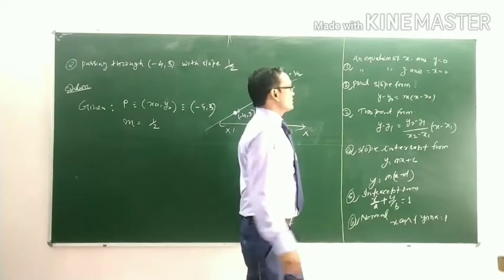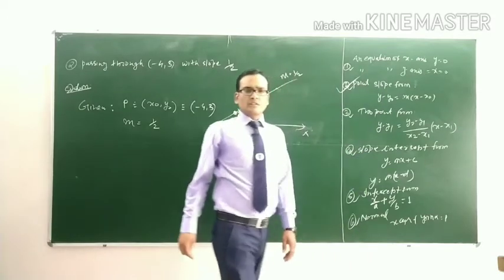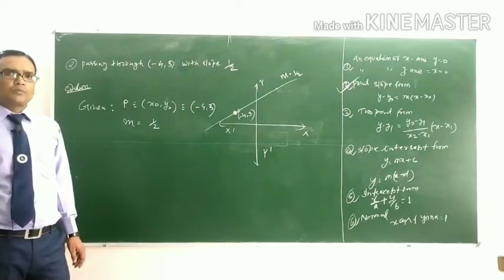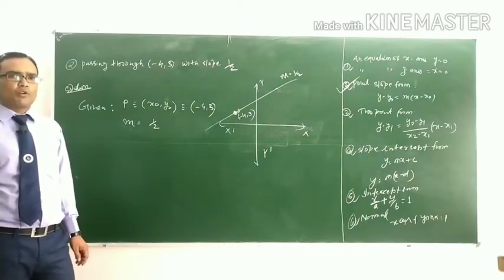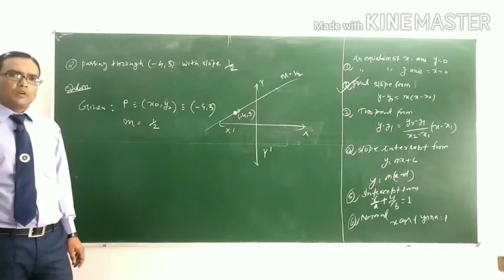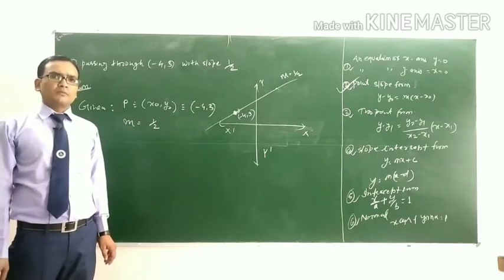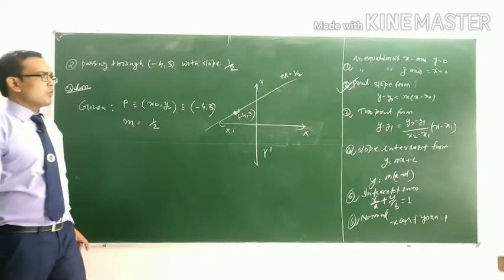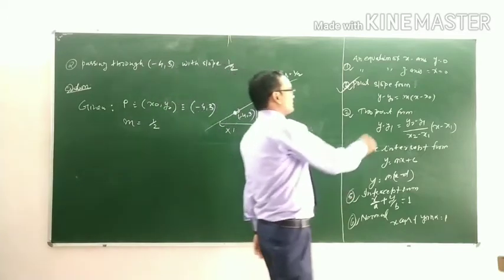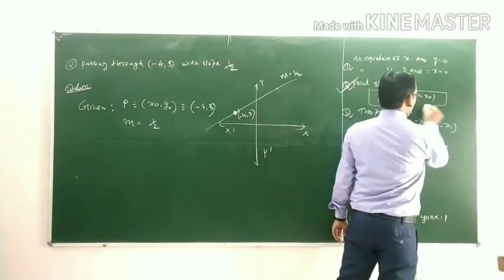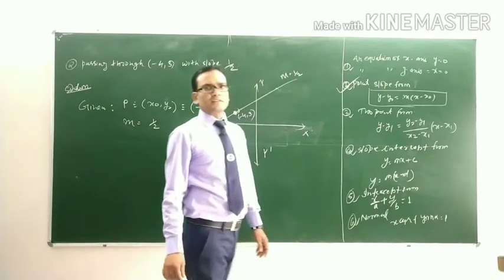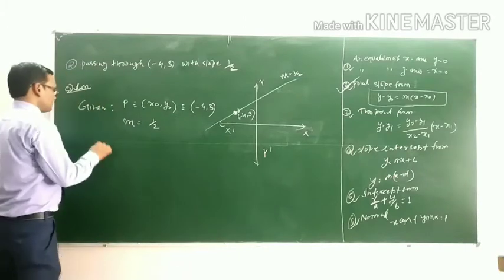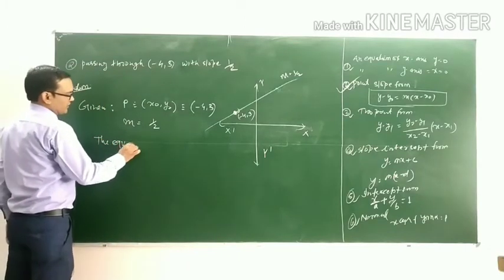Here we use the point slope form. If the line passes through a point x0, y0 with slope m, then the equation of the straight line is y minus y0 is equal to m into x minus x0.